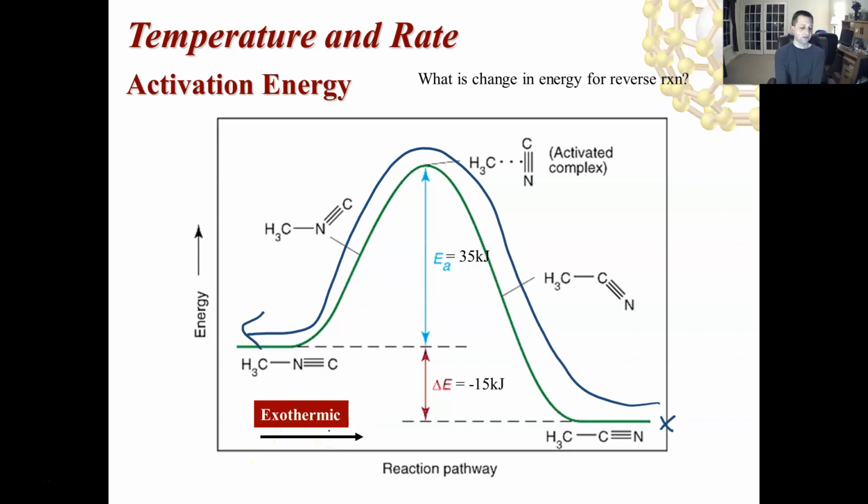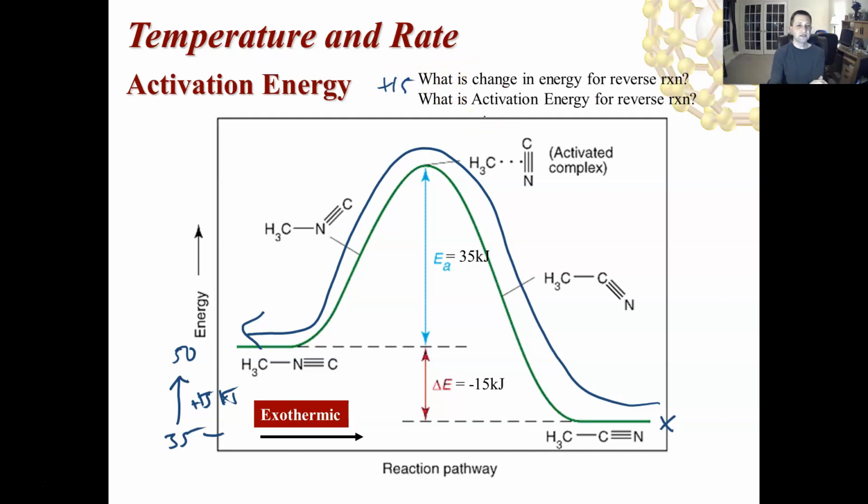In the reverse direction, I'm starting at 35 kilojoules and ending at 50. So there's a net input of 15 kilojoules. So for the reverse reaction, the change in energy is plus 15 kilojoules.